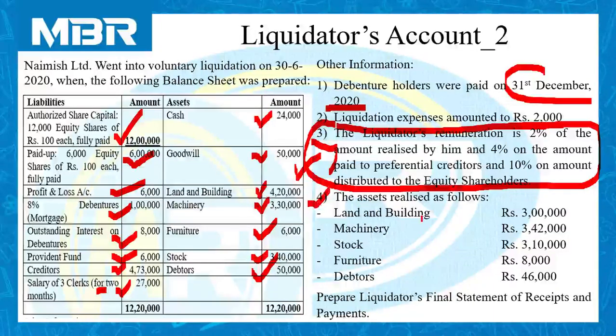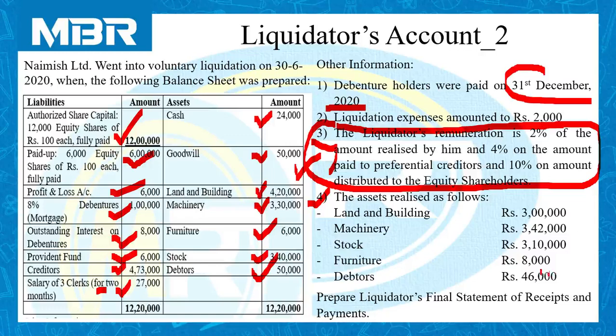Number 4: the assets realized are as follows: land and building rupees 3 lakhs, machinery rupees 3 lakhs 42,000, stock rupees 3 lakhs 10,000, furniture rupees 8,000, debtors rupees 46,000. Prepare liquidator's final statement of receipts and payments.